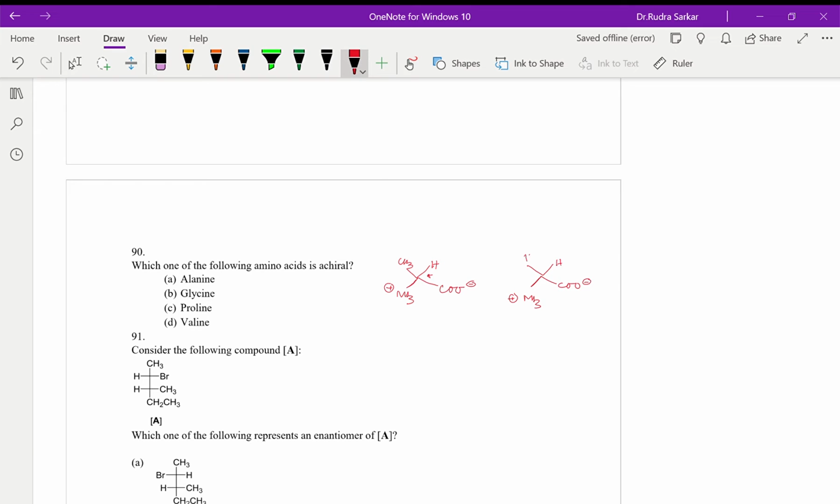There are 2 hydrogens, so this is your glycine, this is your alanine. So that way we will say our correct answer over here is going to be glycine.